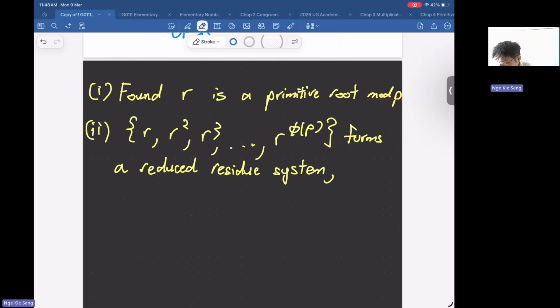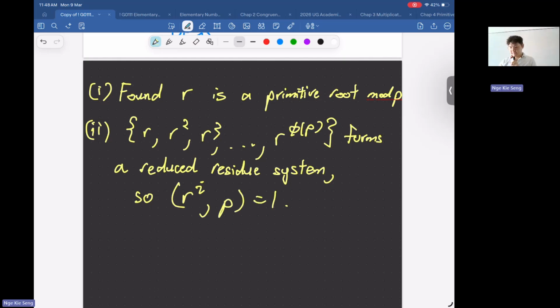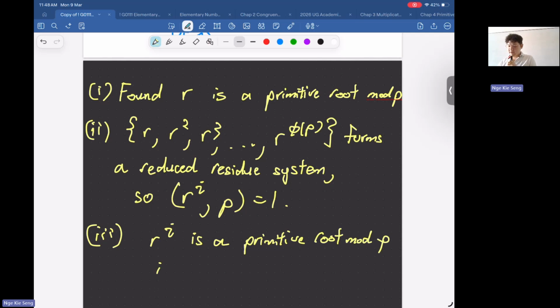Okay, so R to the I will be relatively prime to P. And then from here, R to the I will be a primitive root mod P if and only if I and 5P are relatively prime. Okay, so this is the step.